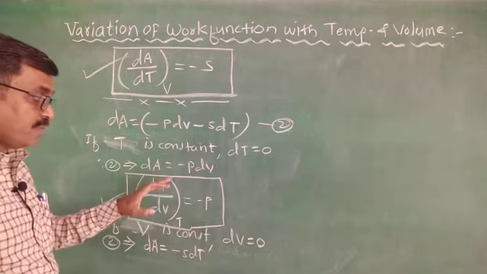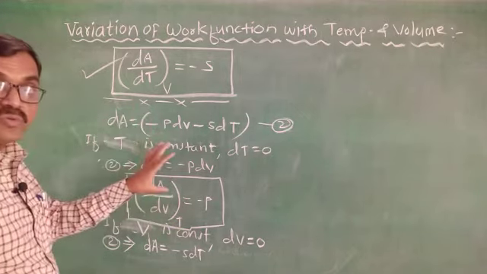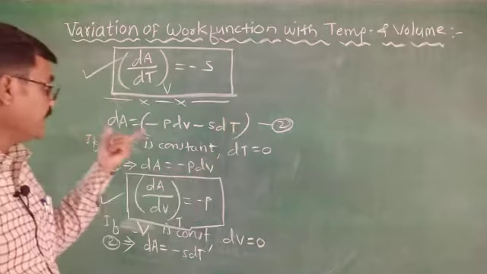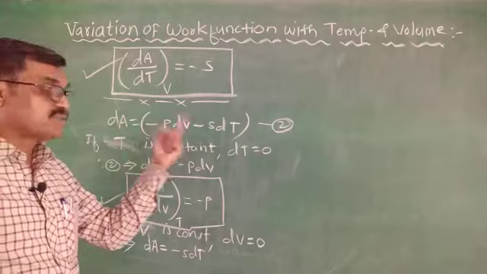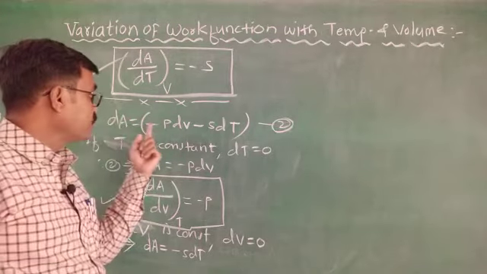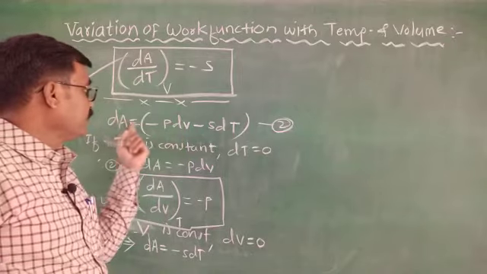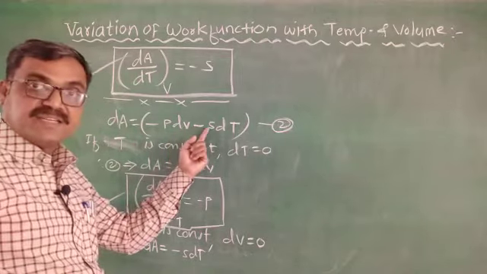To obtain these two, we use one derivation: dA equals minus P dV minus S dT.